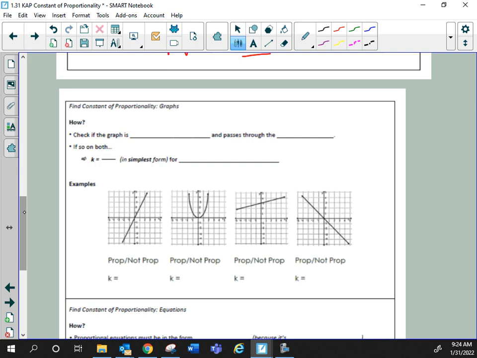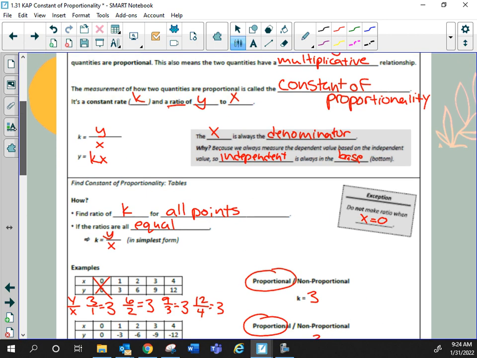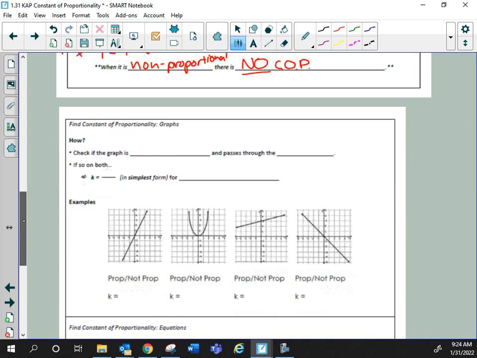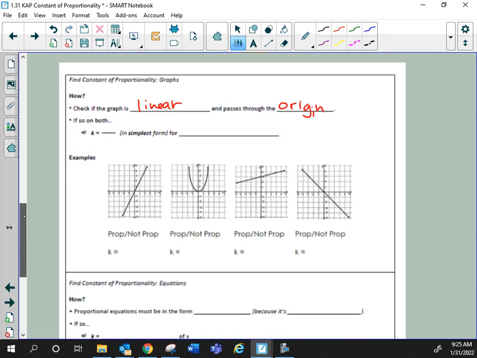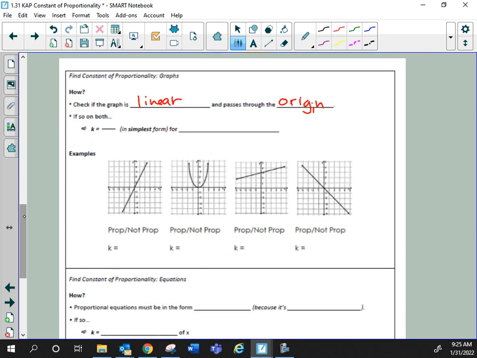It's really easy because you just need to check 2 things. What did we say earlier? We check if the line is linear and passes through the origin. It should be fairly simple because y'all are rock stars at this. If it's linear and passes through the origin, check.